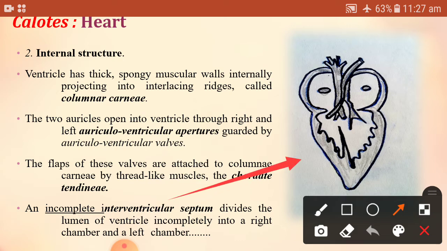But this interventricular septum in chelonians is incomplete, due to which some mixing of pure and impure blood takes place. So the heart is called three-chambered in chelonians or reptiles.